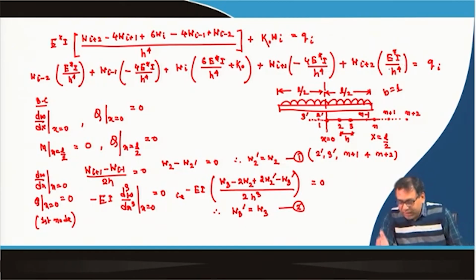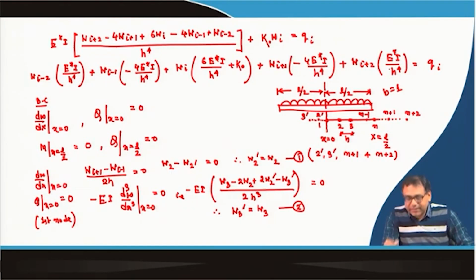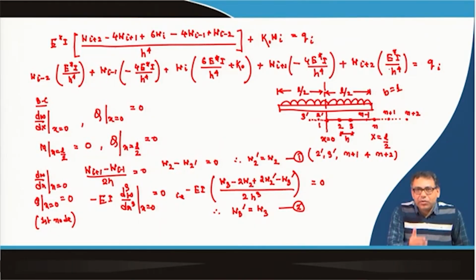So, from 3 to n minus 2 directly we can apply, but when we will apply at second node or the first node, then we have to use the imaginary node, or imaginary node will come into this equation. So, those imaginary nodes we have to replace with the real node, because now each and every imaginary node can be replaced by the real nodes, because we have the relationships.